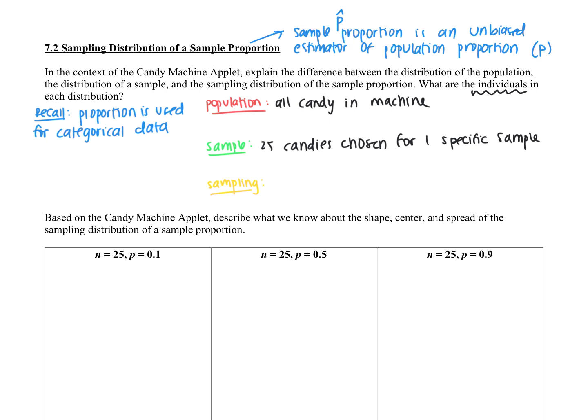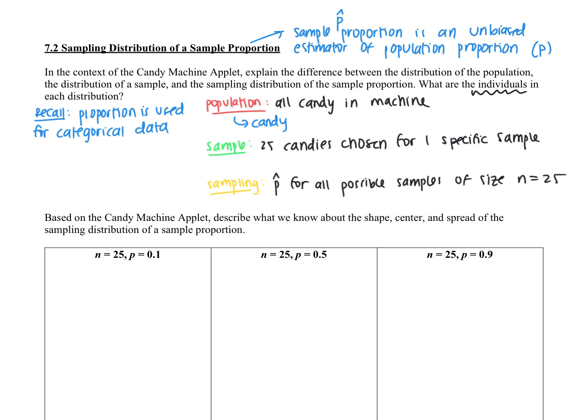And then the sampling distribution is the sample proportion for all possible samples of size n equals 25. So then the big difference in these is who are the individuals? Well, in the population, we are looking at each piece of candy individually.